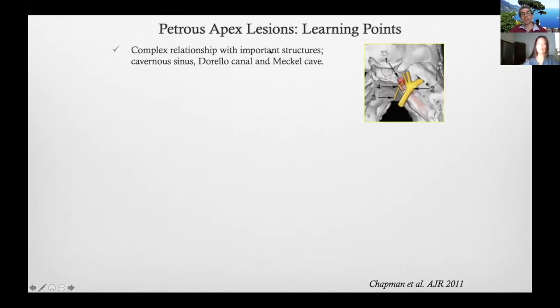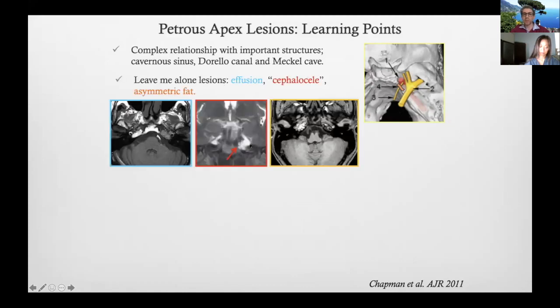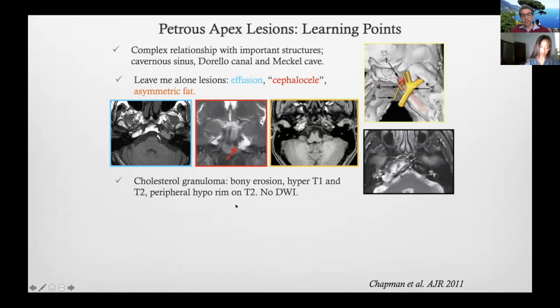So remember that the petrous apex has an important complex relationship with important structures like the cavernous sinus, Dorello's canal, and Meckel's cave, and you have a lot of leave-me-alone lesions, like not only an effusion or fat, but also encephalocele. You can have cholesterol granuloma that shows hyperintensity in T1 and T2 and can have this rim.